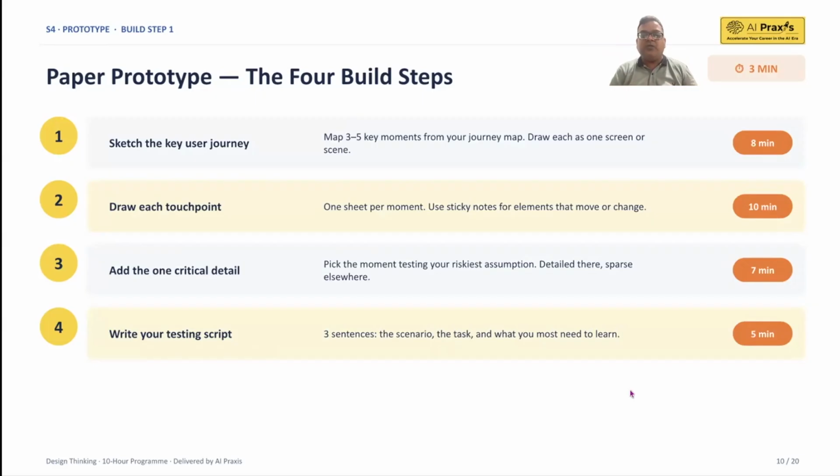Every moment becomes one screen in your prototype. For example, if you're designing, let's say, a medicine reminder app, your journey might include receiving a reminder, confirming the medicine was taken, and viewing today's progress. That's enough to test your idea.